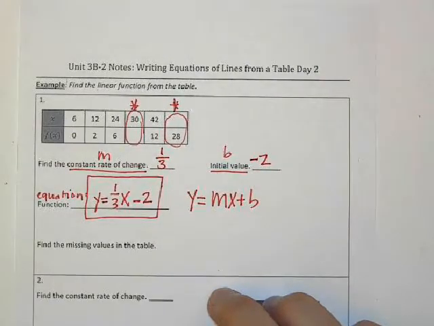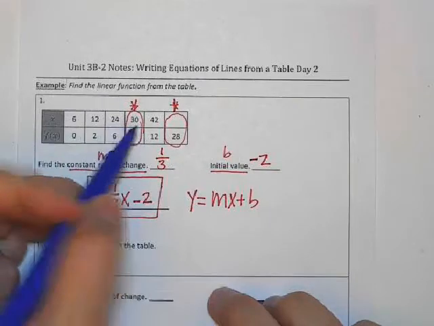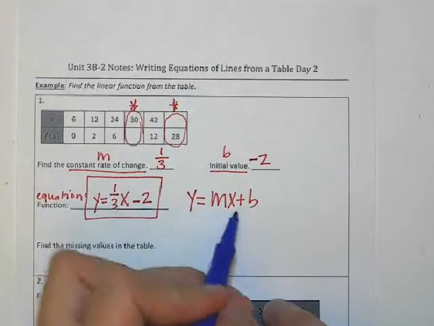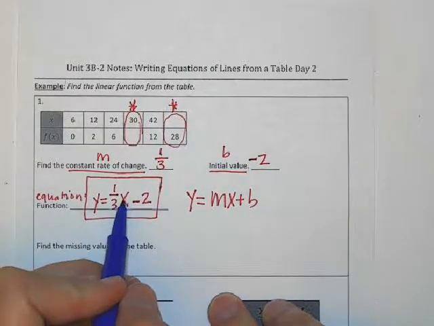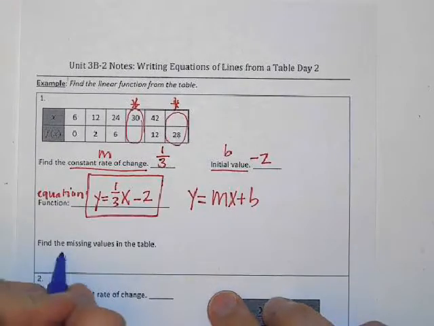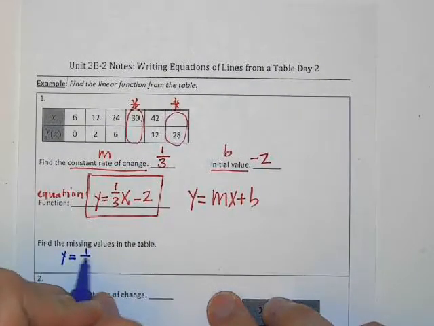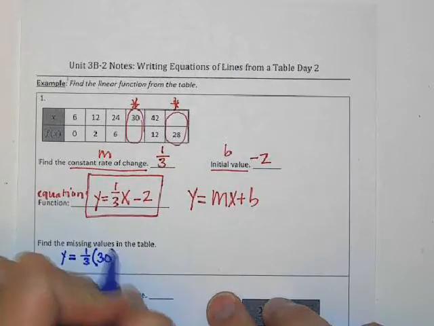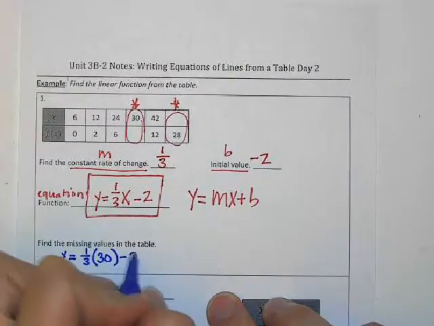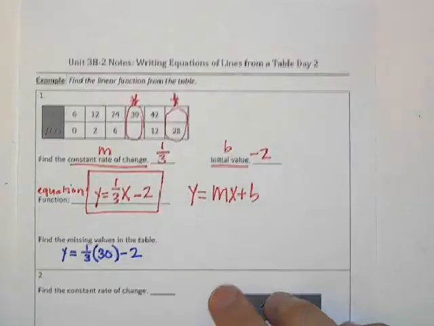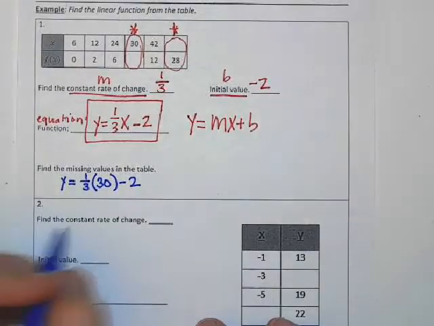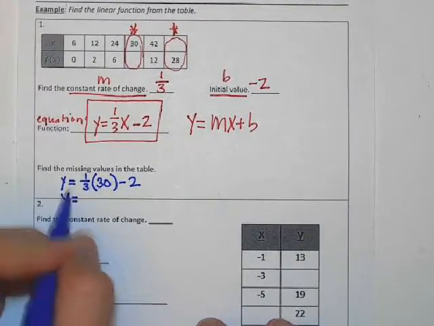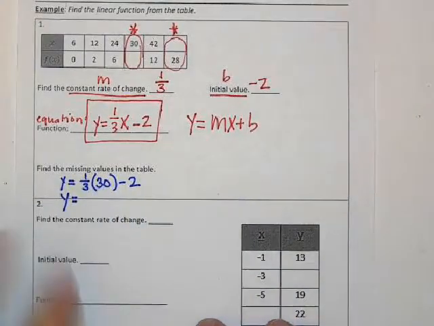Replace it where the X is. 30 is an X, so I'm going to put 30 where the x is. So y equals 1/3, and then instead of writing x, I'm going to put 30, minus 2. Then y is going to equal whatever this is in the calculator.